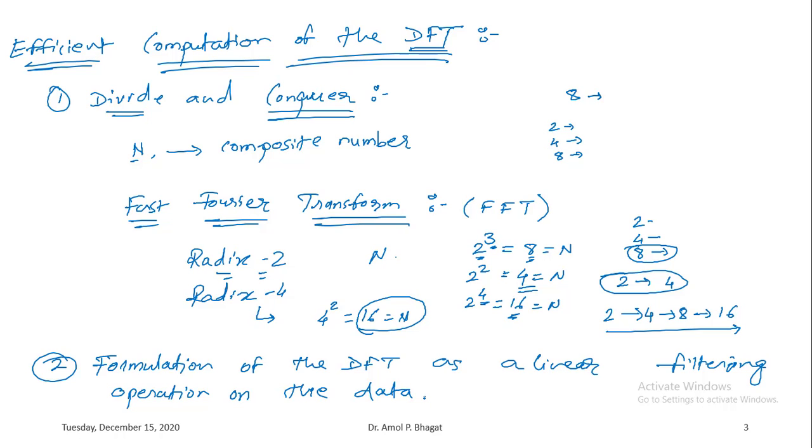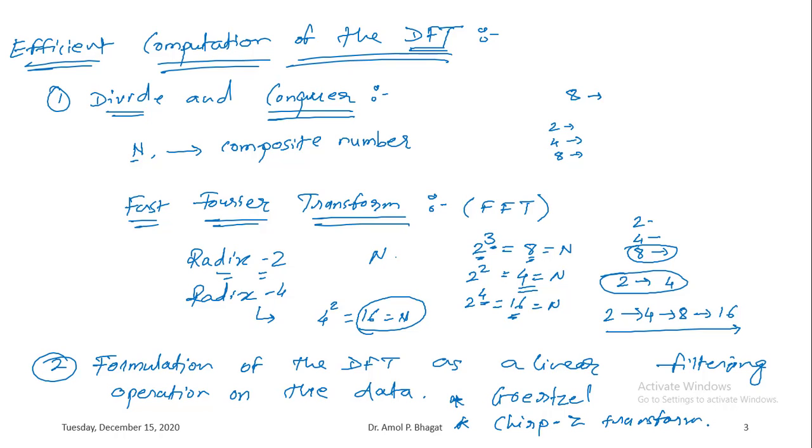There are basically two algorithms in this approach. The first one is the Goertzel algorithm, and the second one is the Chirp Z transform algorithm.